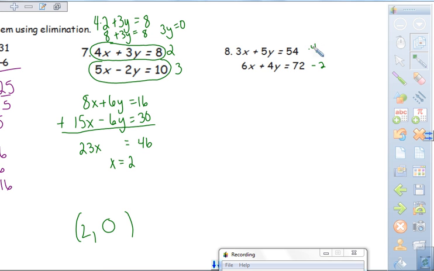Or you could make life easier for yourself and just do 3 times 6 and 6 times negative 3 and get 18. Otherwise, the third option would be to work with your 5 and your 4. So we could do 5 times 4, and we could do 4 times negative 5.